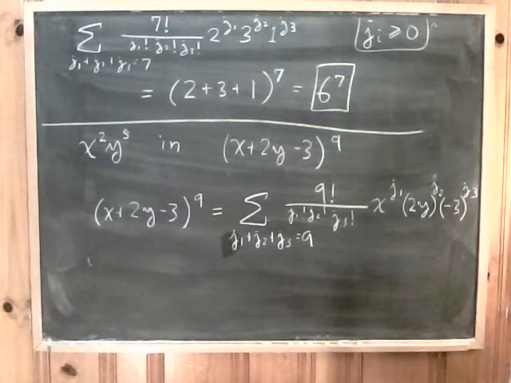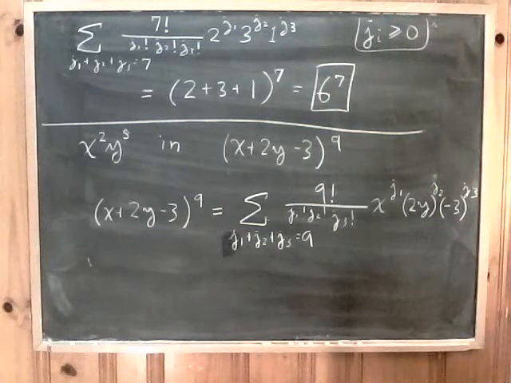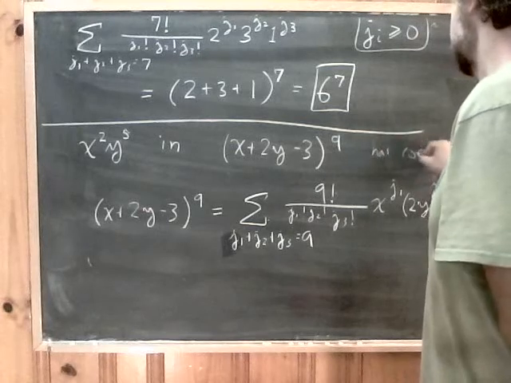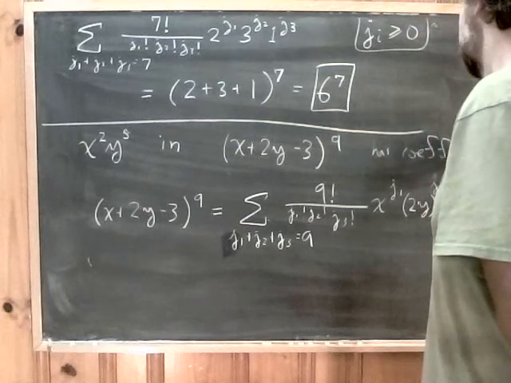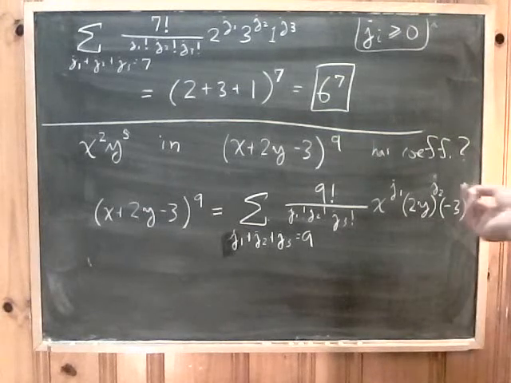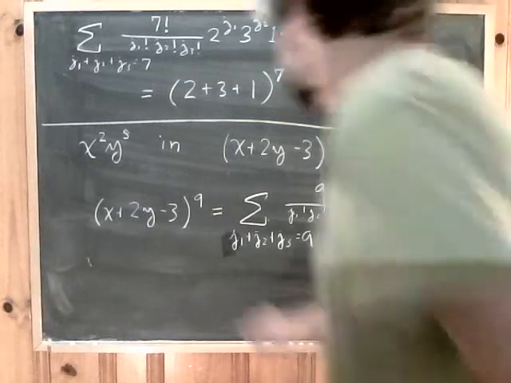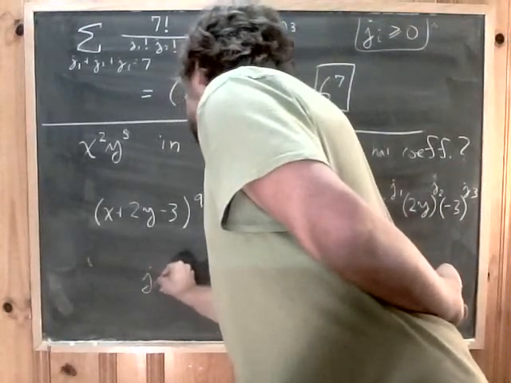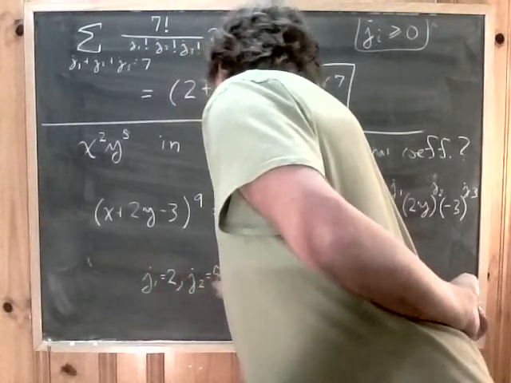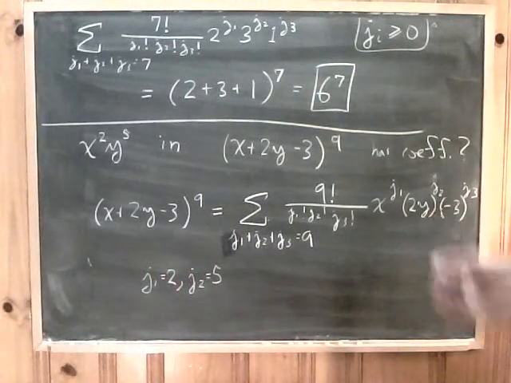All right, now we can start thinking about it, because they want to know the coefficient of x squared y to the 5. Well, that means I know right away that j1 is equal to 2 and j2 is equal to 5. All these like terms have been collected in this theorem, in this summation.